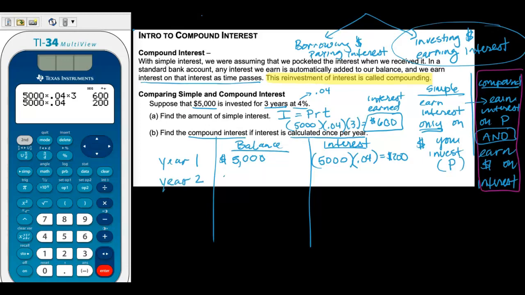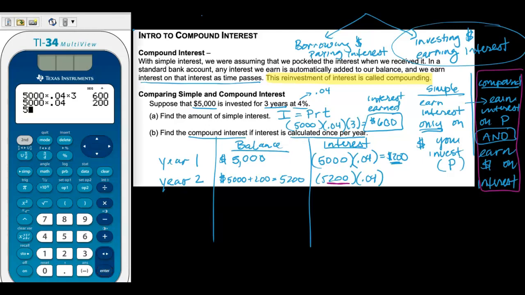Okay, at year two, now I don't have a balance of $5,000. I have a balance of $5,000 plus the $200 that I earned from the previous year. So my balance is $5,200 now. So to calculate the interest, I'm going to take the $5,200 and multiply it by 0.04. So the key here, what's great for the investor, is that person is earning money not just on that $5,000, but on that $200 that they earned in interest last year.